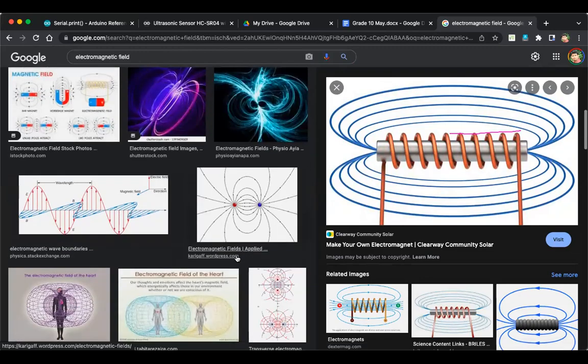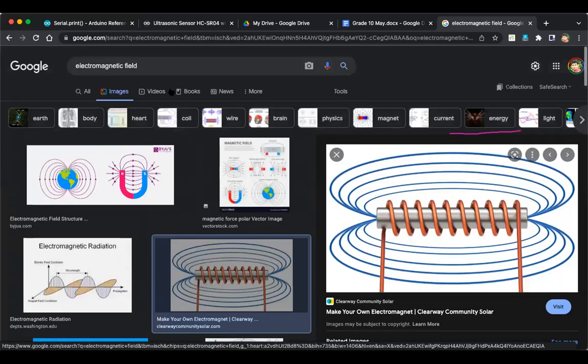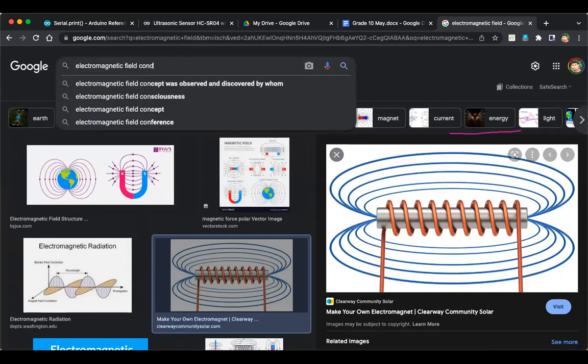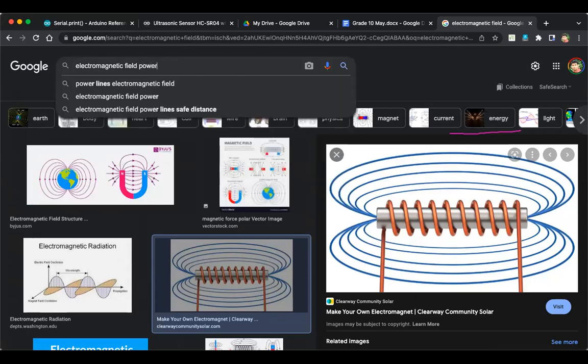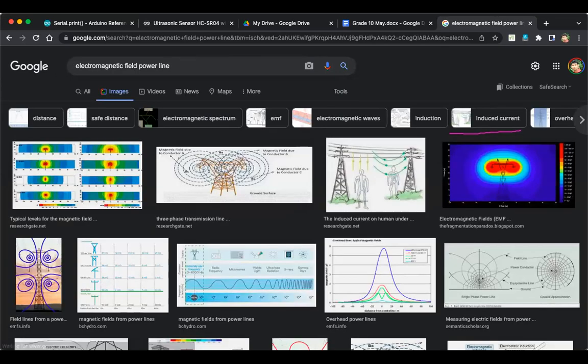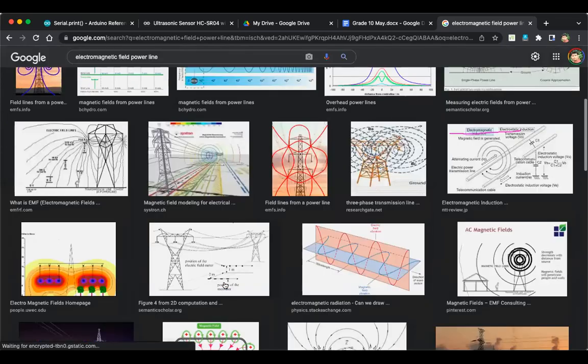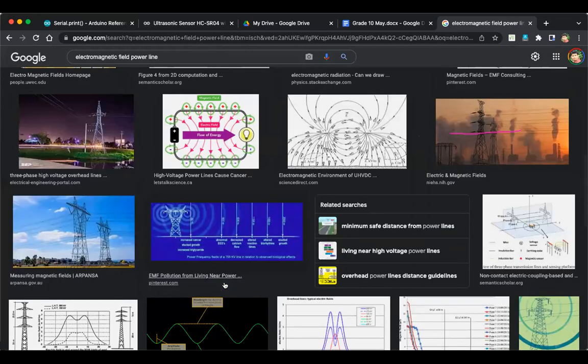Even if it is a power line, there is still an electromagnetic field around it when it is transmitting power.